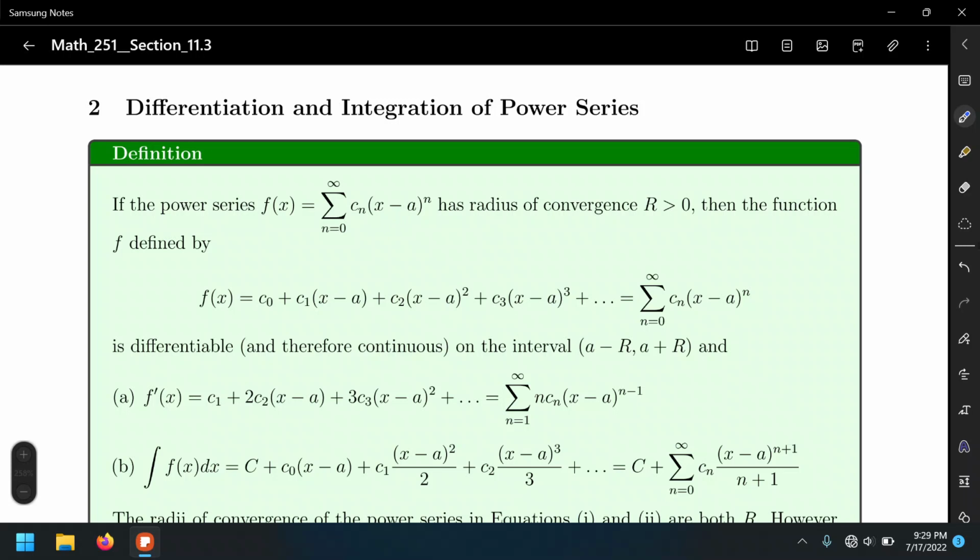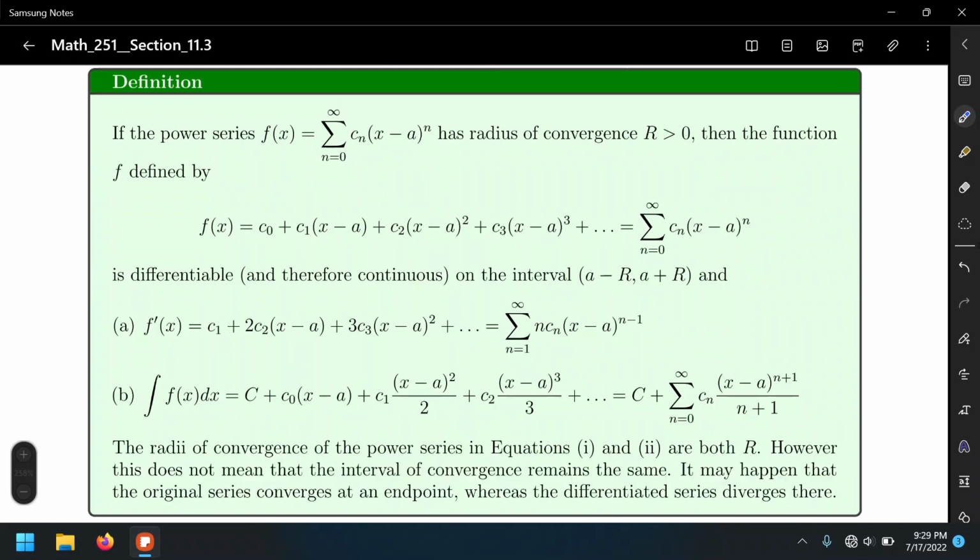Just expanding the series a few terms: for n equals 0, we have c sub 0 times x minus a to the 0, which is just 1. Then for n equals 1, c sub 1 times x minus a to the first power, which is this invisible one right here. For n equals 2, c sub 2 times x minus a to the second power, and so on and so forth.